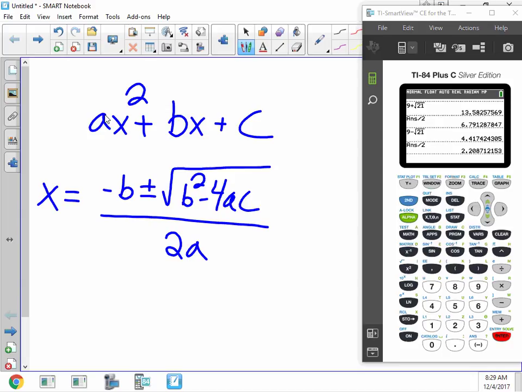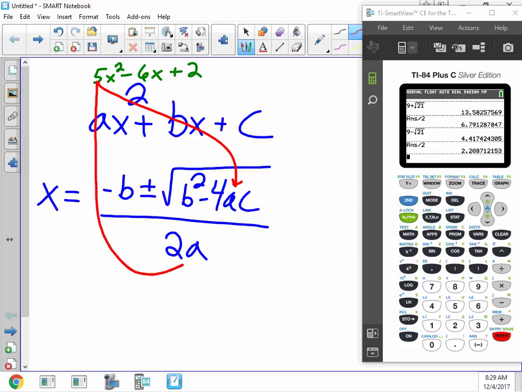But what this is saying is, if I had the quadratic 5x squared minus 6x plus 2, all I have to do to find the roots is take the 5 and enter it here and here. And then I take the negative 6 and I enter it here and here.